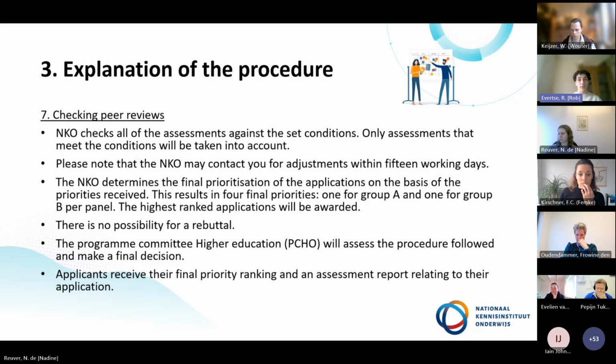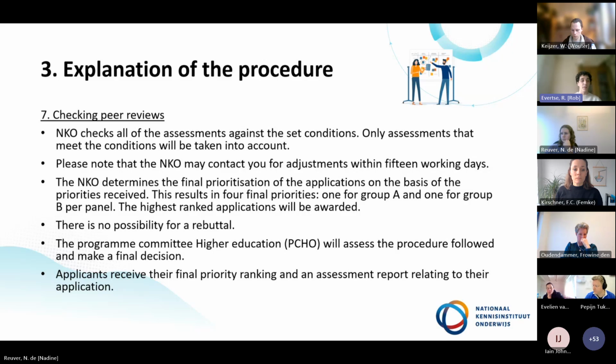And once all of that is complete, we will make the final prioritization. And we will make 4 final priorities. So there will be a list for group A and B for panel 1, and group A and B for the panel of scientific education.